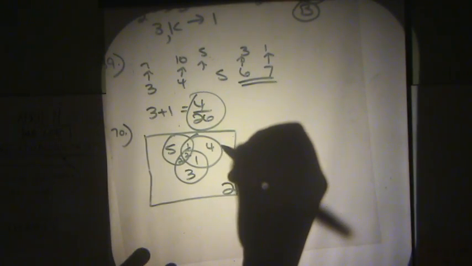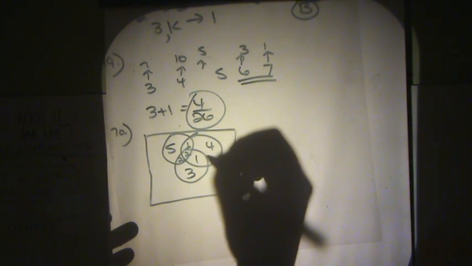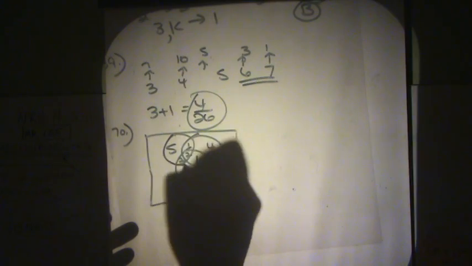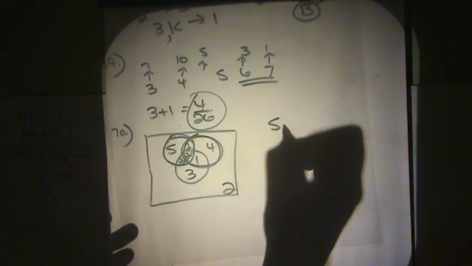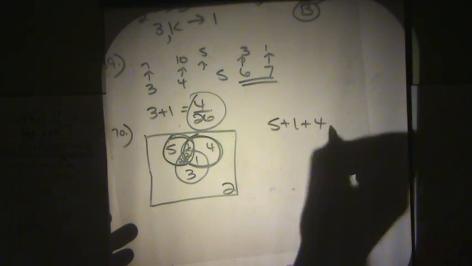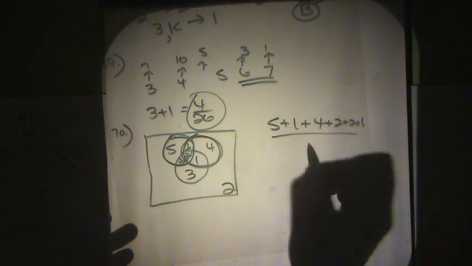So I want to know the probability of a cat or a dog. So a cat or a dog is all of this circle and all of this circle. You're not counting those twice. We're going to add 5 plus 1 plus 4 plus 2 plus 2 plus 1 out of the total.